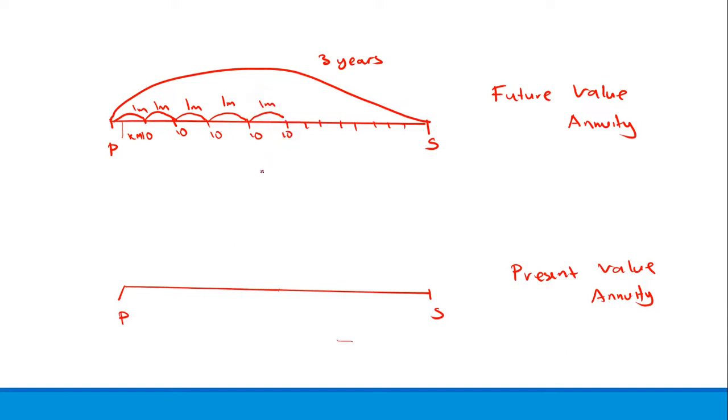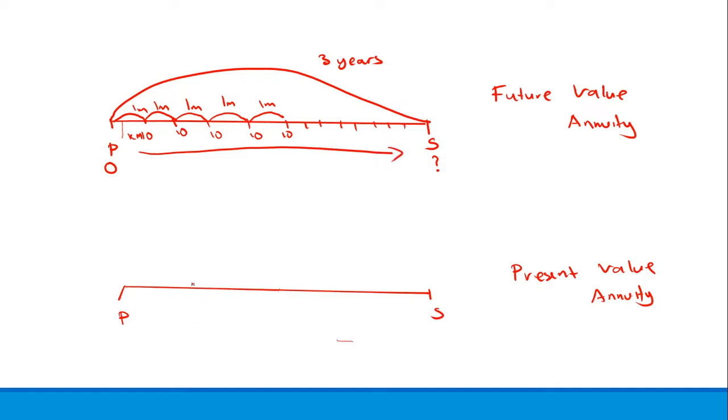At first you have 0, you don't have any money. You start with 10 ringgit after 1 month, and then another month 10 ringgit, and another month 10 ringgit. So at the end you want to know what is S. For this one you use the future value annuity.